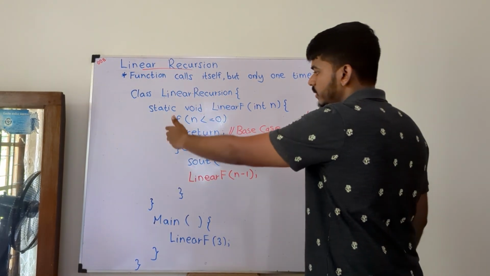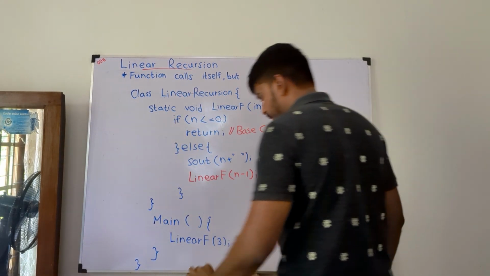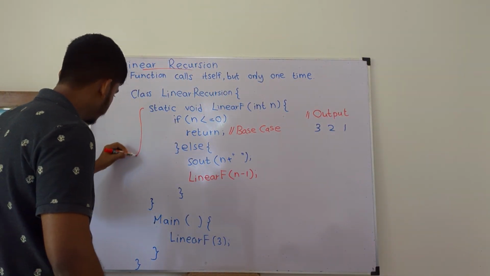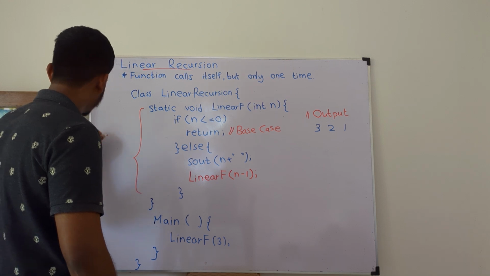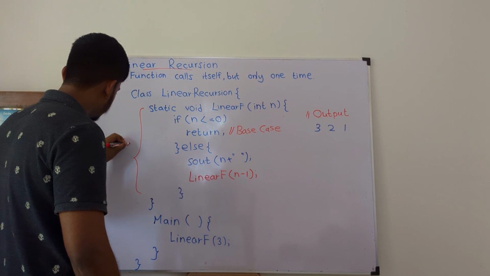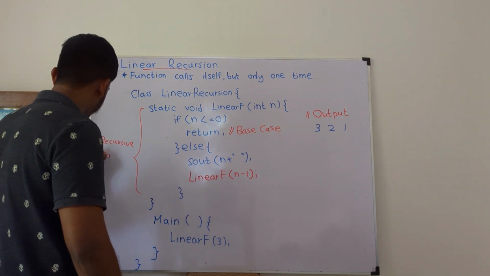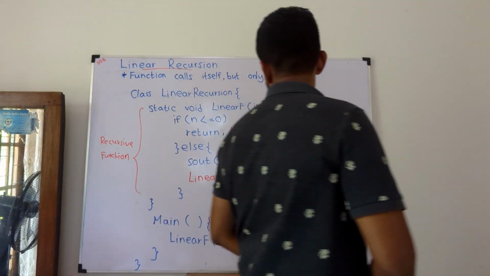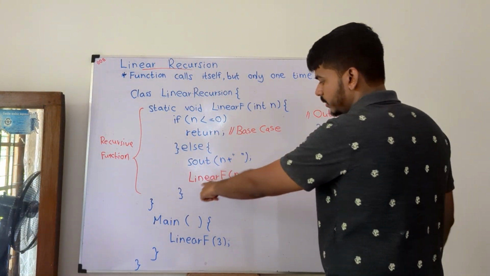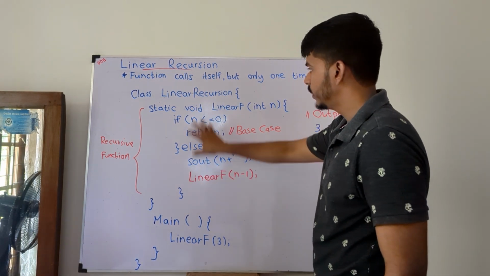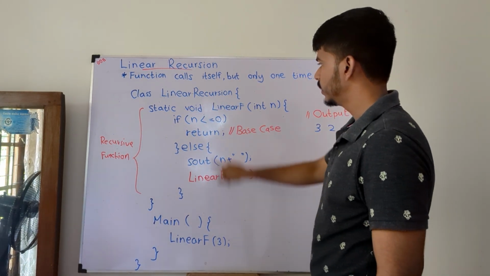So here in this example, this is the recursive function. Here you can see there is only one recursive call, no other recursive calls being done inside this function linear f.